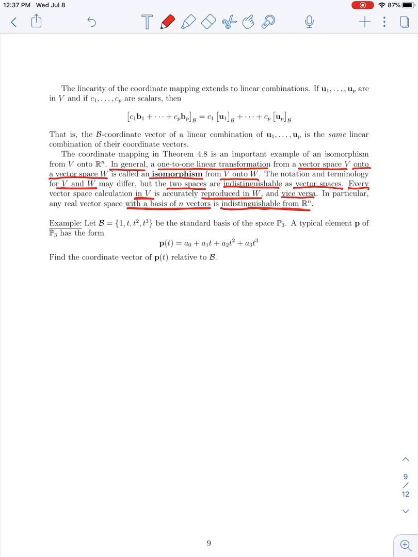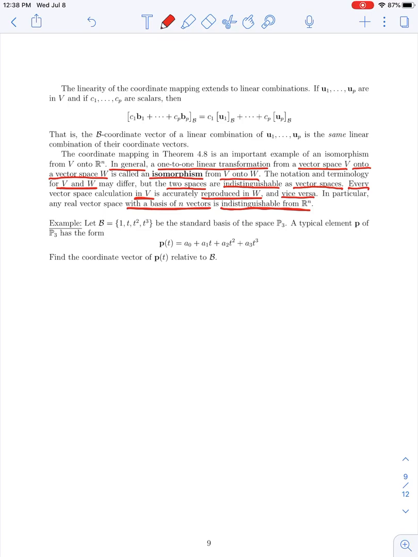So all of the theory for vectors or vector spaces that we have associated with Rn can be thought of in terms of the vector space V, or more importantly, we can take vectors in maybe an abstract vector space V and think about associated calculations in the vector space Rn, which we're more familiar with.